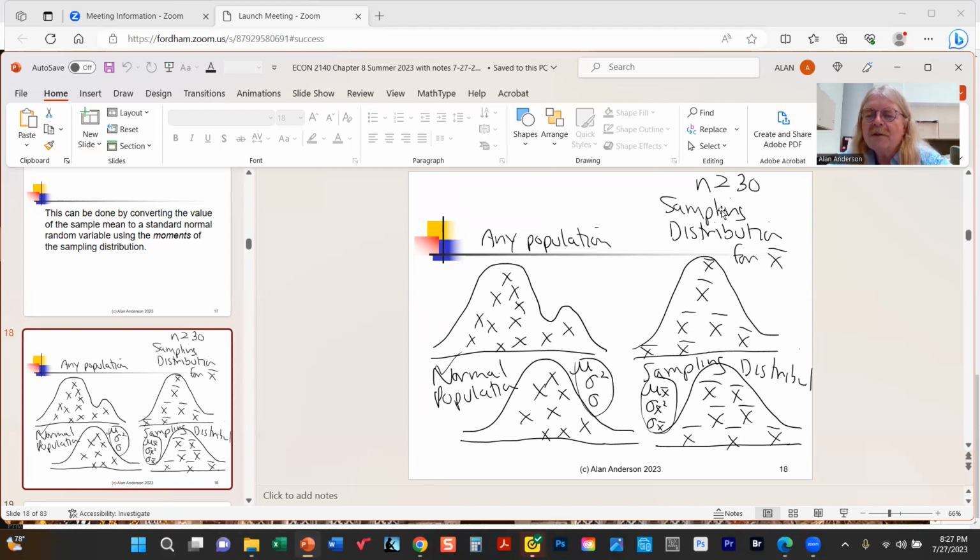Because we chose samples of at least 30. So even though we picked them from a non-normal population, those X bars on the right are all normally distributed. Okay, that's all it took. Now, on the bottom, the X's are already normal to start with. So the sampling distribution of X bar has to be normal too.